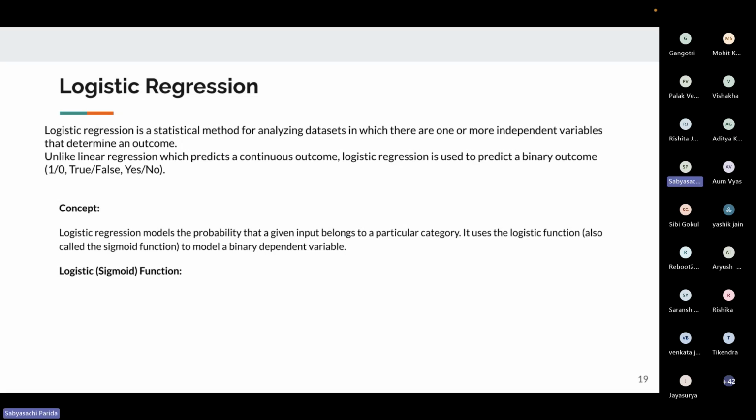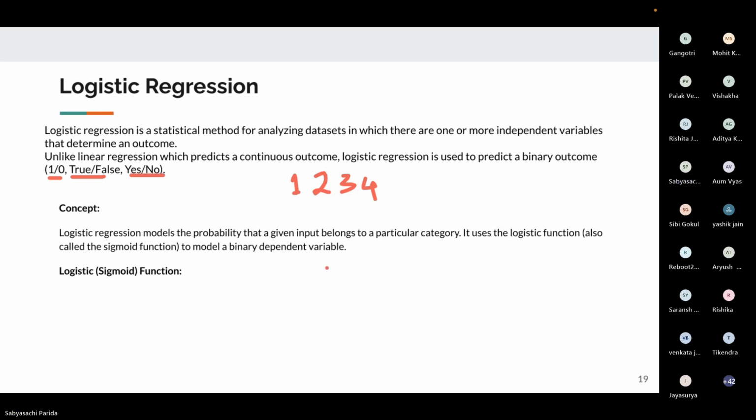Whereas if you want to build a classifier, that means the target value is either 0 or 1, yes or no, or categorical, like 1, 2, 3, 4. In logistic regression, we build for cases where the output is categorical, that is, either true or false.